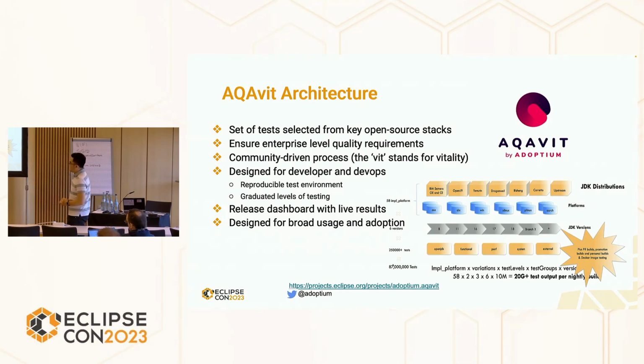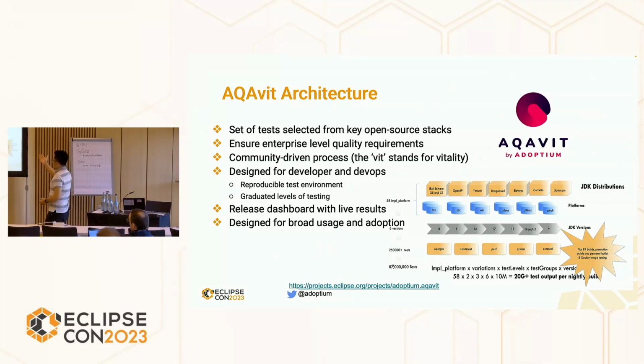It is designed for developers and DevOps, so it is easy to reproduce the testing environment. We also have graduated levels of testing. We also have a release dashboard with level results, and it's designed for broad usage and adoption.